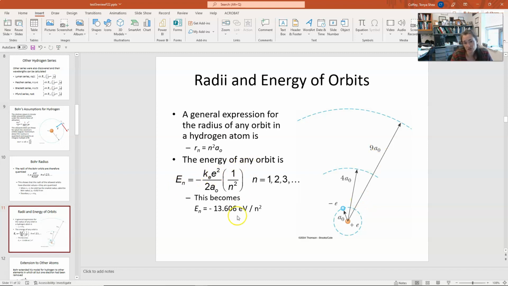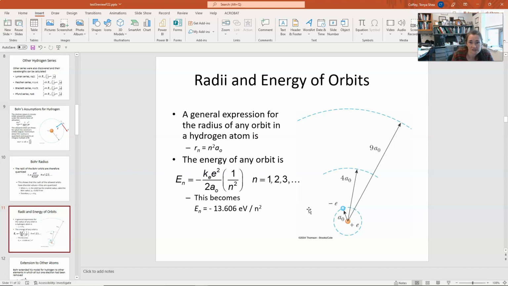That mechanical energy equation becomes, for a hydrogen atom and a hydrogen atom only, E sub n is equal to minus 13.6 electron volts divided by n squared. N here became known as the energy level, and also, once we get into quantum mechanics, the principal quantum number. N is, for the hydrogen atom, an integer that starts at 1 and goes up from there.